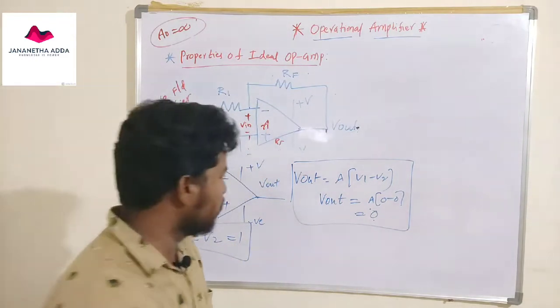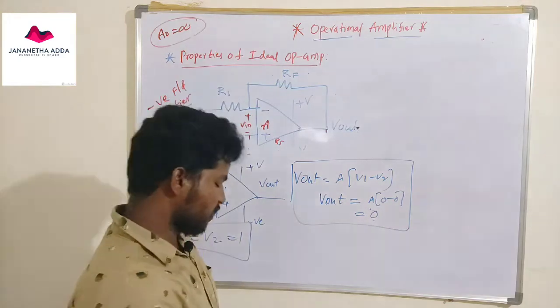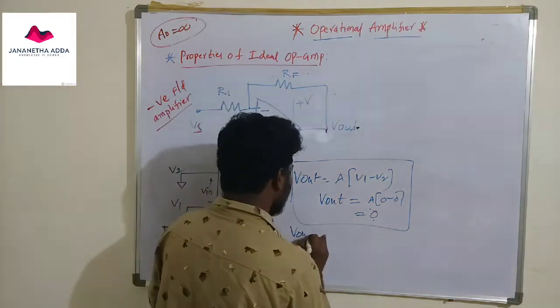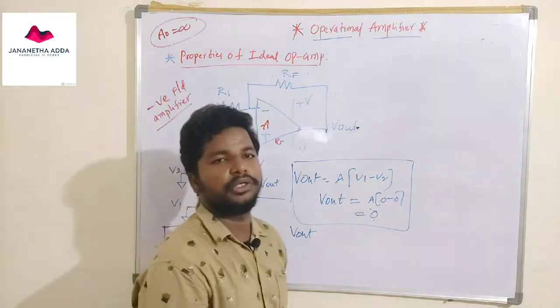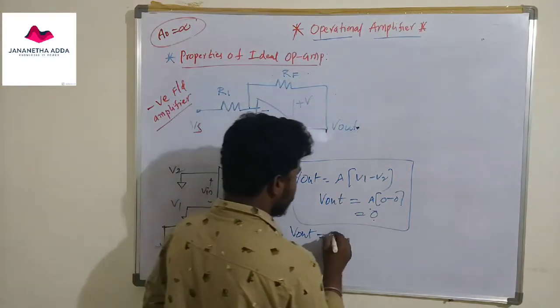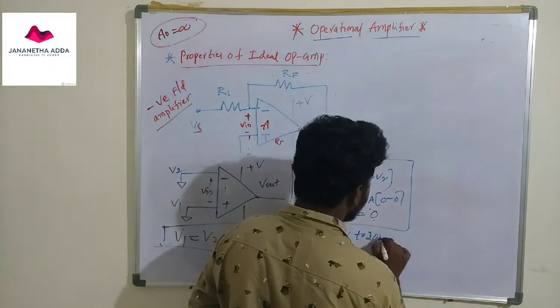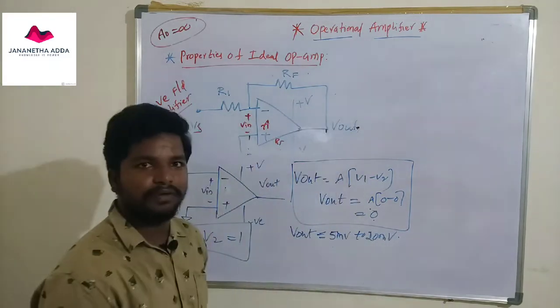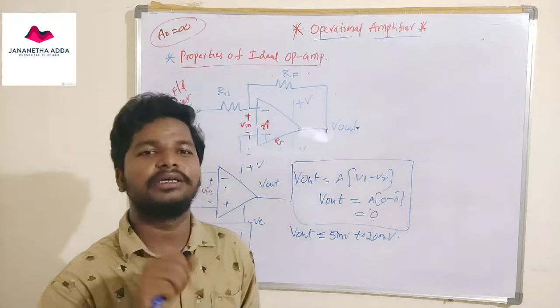But practically the operational amplifier will not provide a zero offset voltage. When V1 equals 0 and V2 equals 0, it will provide a Vo output of 5 millivolts to 20 millivolts because of the level shifter in the stage.